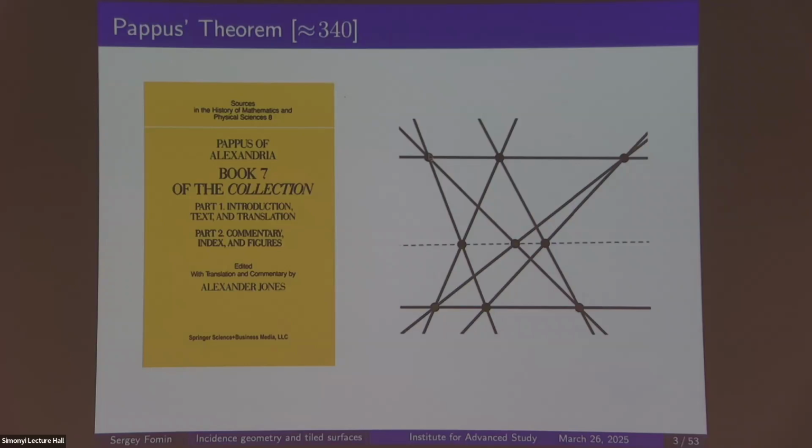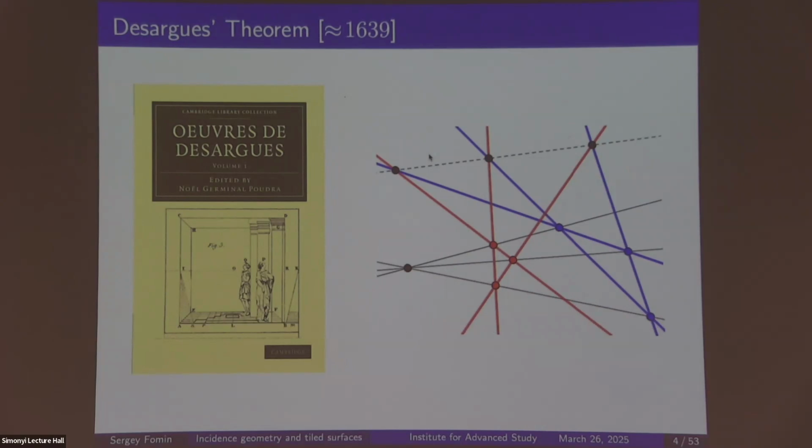It took a while until the next theorem of linear incidence geometry was discovered. It's much more recent, just 400 years ago, roughly, due to Desargues. Just like with Pappus, we don't have surviving portraits of Desargues.